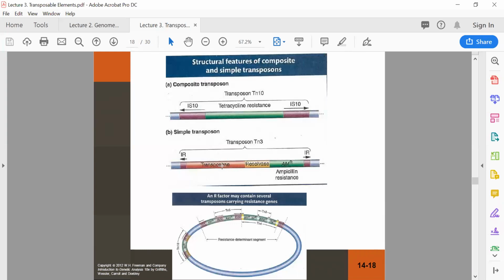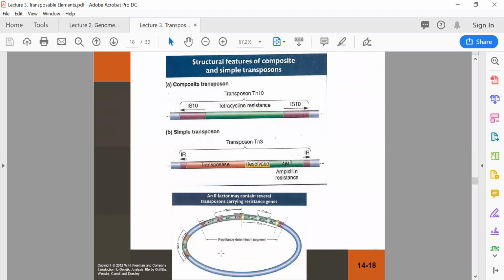So simple transposons encode their own transposase, and they also contain another gene called the resolvase gene. And this encodes a protein that enables the transposon to recombine very readily into another part of the genome. And of course, where's the antibiotic resistance gene? Here it is in green, and this gene encodes resistance to ampicillin, just like the ampicillin resistance gene that you used in your P-GLOW plasmid.